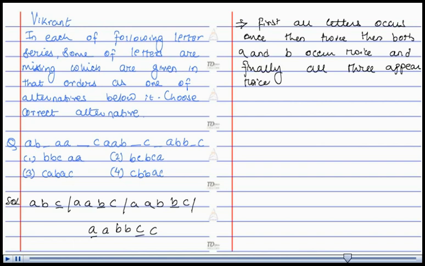So this is the pattern we are observing here. The answer therefore turns out to be C, B, A, C. That is, the answer is the 4th.